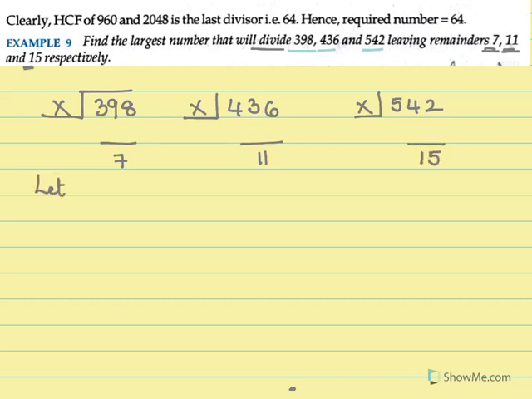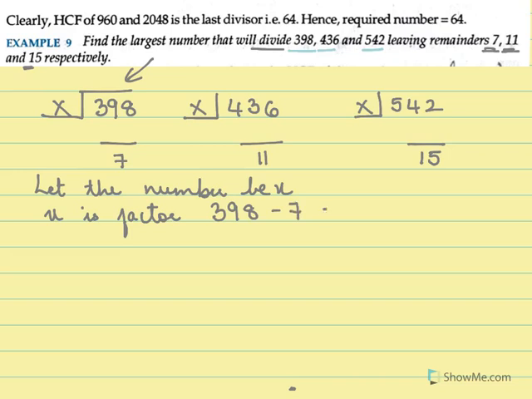So you'll say let the required number be x. So in this first we see that 398 is not a multiple of x. So x is not a factor of 398. Why is it not a factor? Because when you divide 398 by x, the remainder becomes 7. So you'll say x is a factor not of 398, but of 398 minus 7, and that is 391.